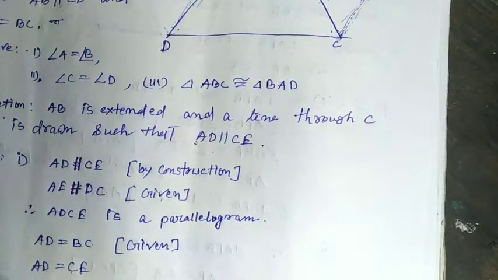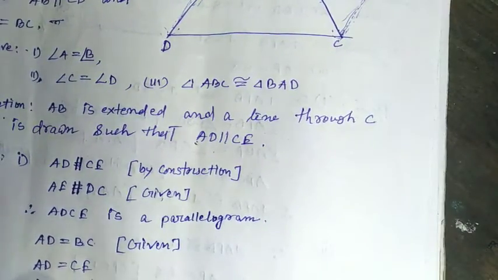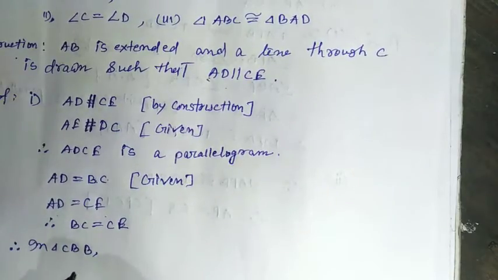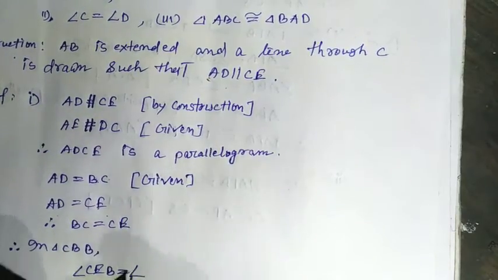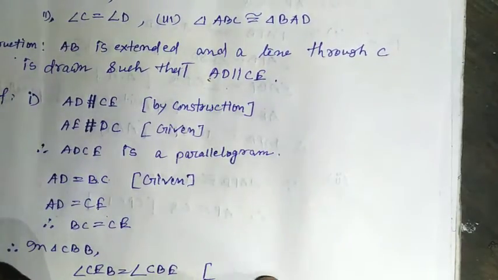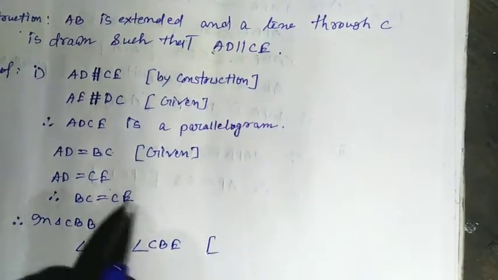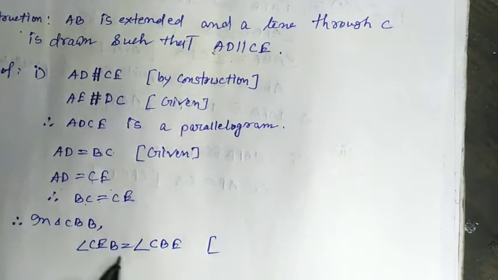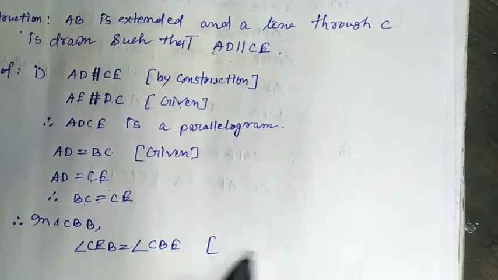Therefore in triangle CEB, we can write angle CEB is equal to angle CBE. Here you will write: angles opposite to equal sides are equal, because since BC and CE are equal, their opposite angles are also equal. You will write here yourself.